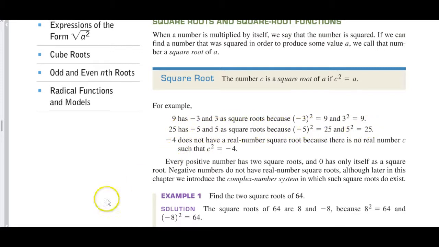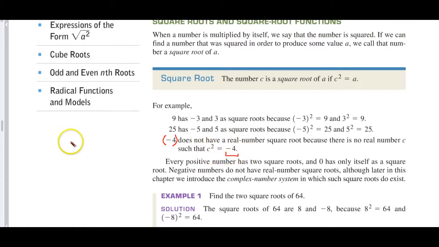Now, when we look at this next one, that is negative 4, and keep in mind we're sort of thinking of it as if it were in a parenthesis. A negative 4 does not have a real number square root because there is no real number c such that if we square c, it will equal a negative 4.